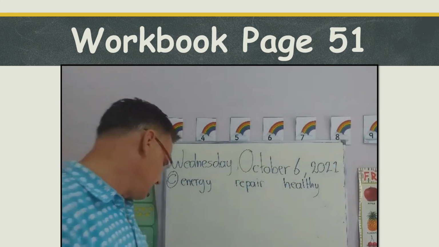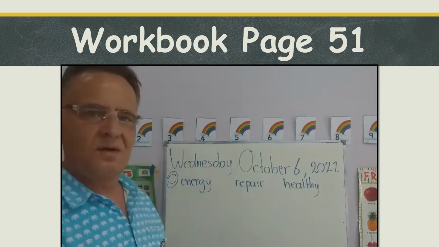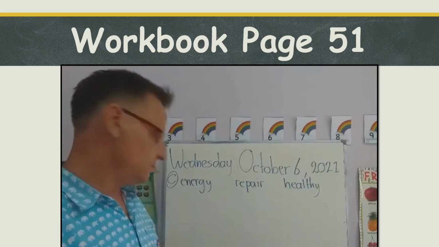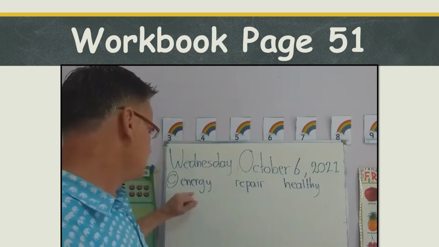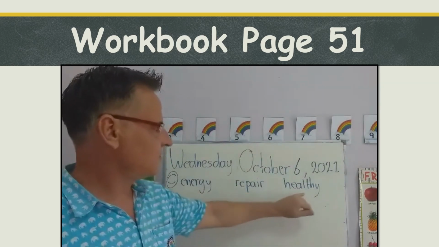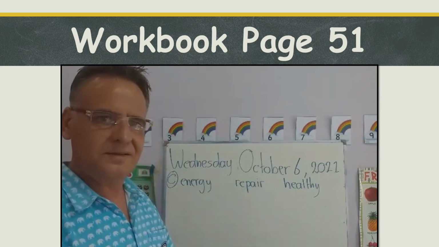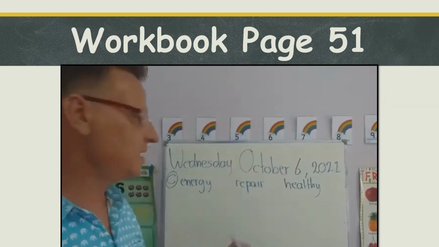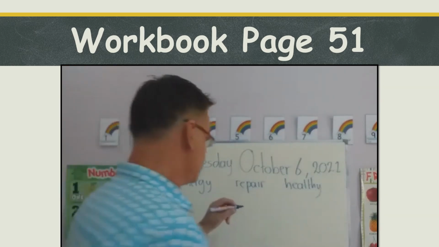Let's start with milk. What does milk give us? Which one is it? Is it energy, repair or healthy? Right, milk has a lot of protein, so it should be in the repair section.